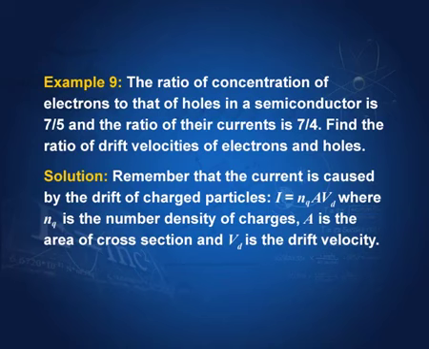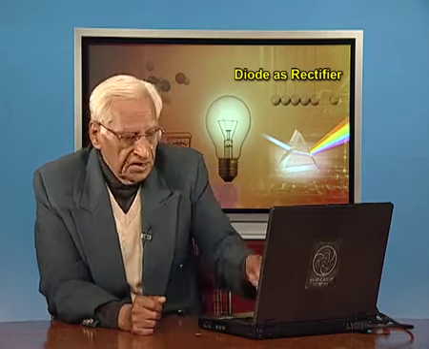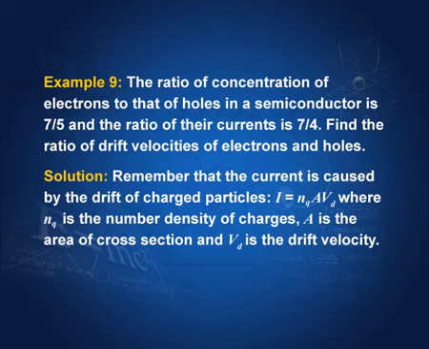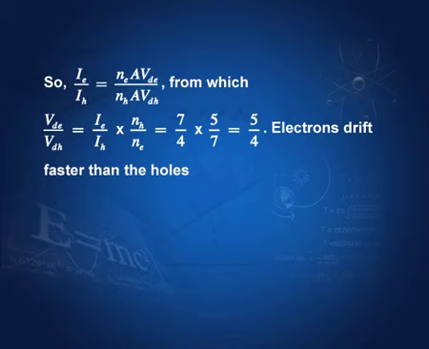So, we have I equal to nqAVd, and in the case of electron current, it will be Ne A Vde, drift velocity of electrons, and for holes it will be Nh A into the drift velocity for holes, and from this we get Vde by Vdh, that is what we were asked to find, that is Ie by Ih into Nh by Ne. Ie by Ih is given as 7/4 and Ne by Nh given as 7/5, so 7/4 into 5/7, which gives 5/4.